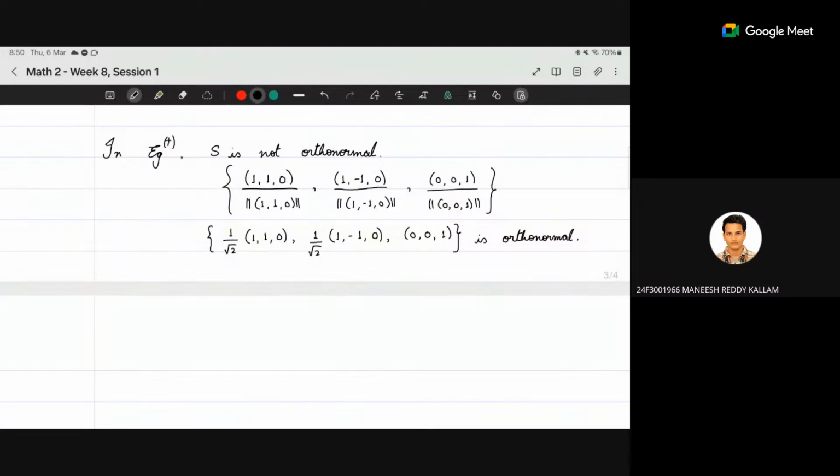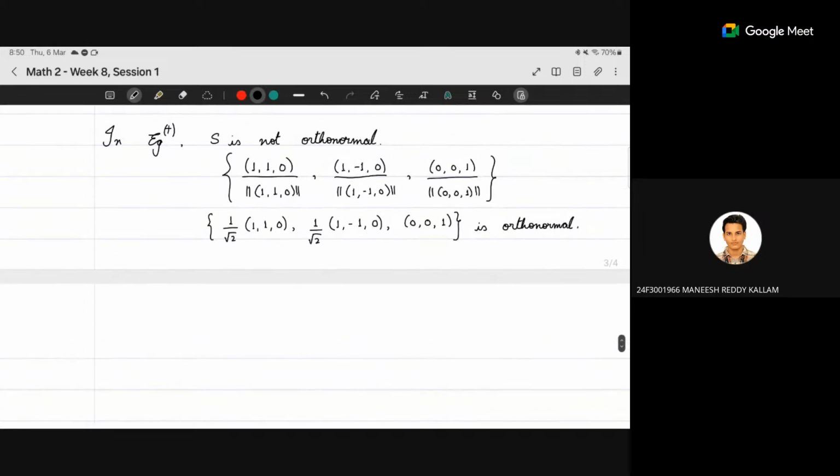So orthogonality implies linear independence holds for any inner product space. It is not something that is specific to R3 or Rn with the standard dot product. And that you can get an orthonormal set from an orthogonal set is also true for any inner product space.